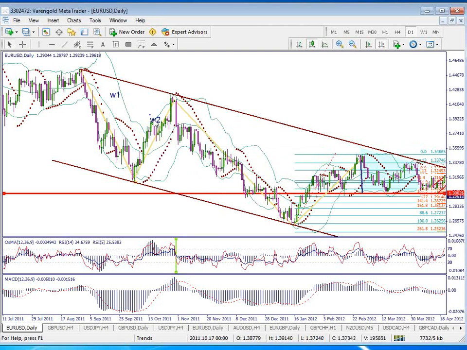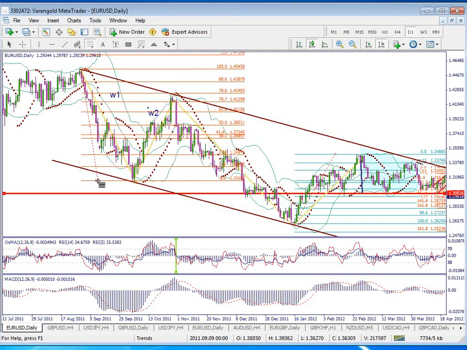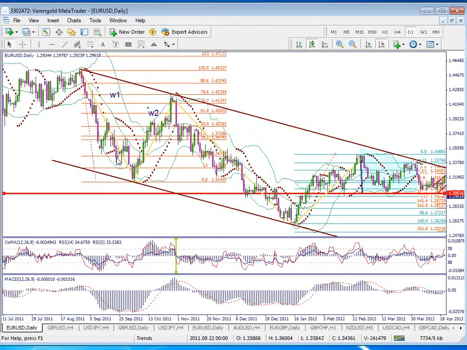I am expecting that after the impulse, wave number 1, after a pair starts the impulse, the wave number 2 to be a little bigger than 61.8. Here it was about 78.6, but it can also go up to 88.6. Never will it cross 100 or test 100.